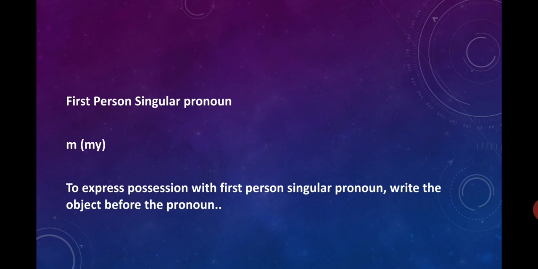The first one is the first person singular pronoun. Now, the first person singular pronoun is m, that is my. To express possession with the first person singular pronoun, say the object before the pronoun.